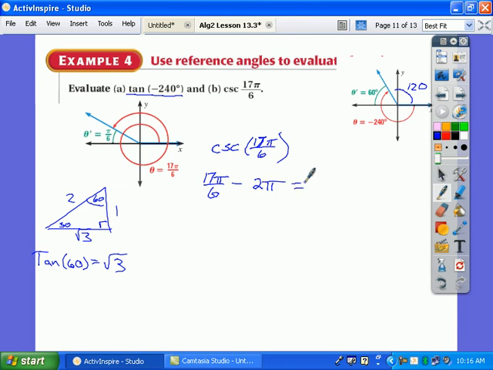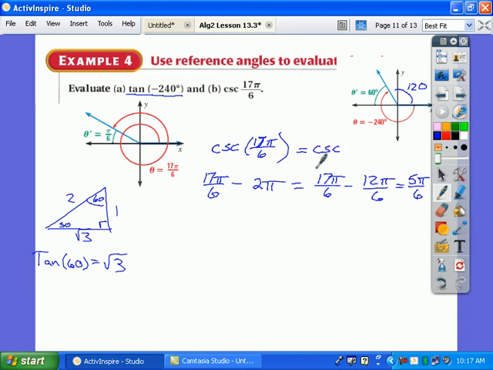Okay. So cosecant of 17 pi over 6 is the same as cosecant of 5 pi over 6. Those are coterminal. They get you to exactly the same place. The only difference is 17 pi over 6 does an extra full spin that we don't need to consider.